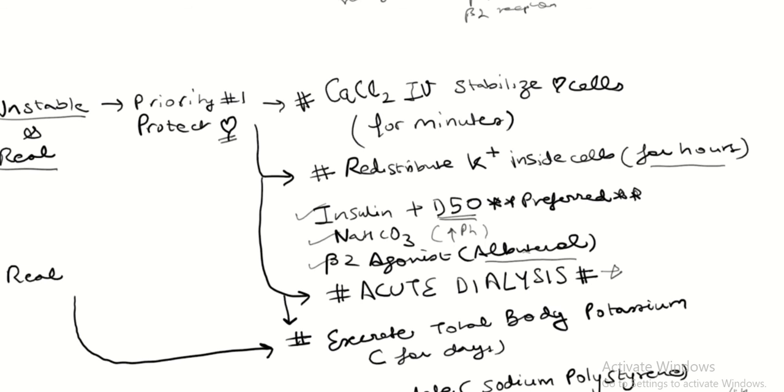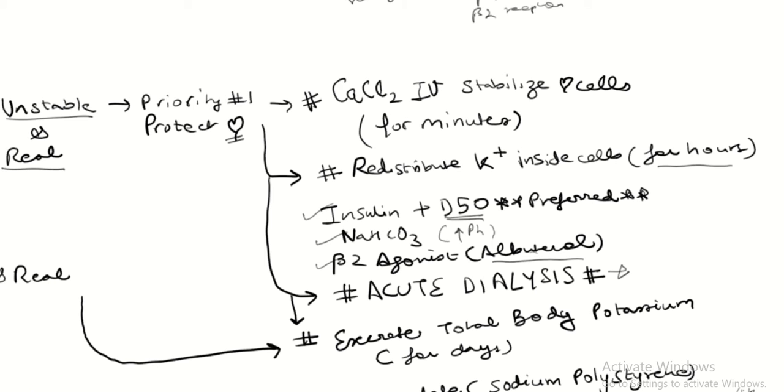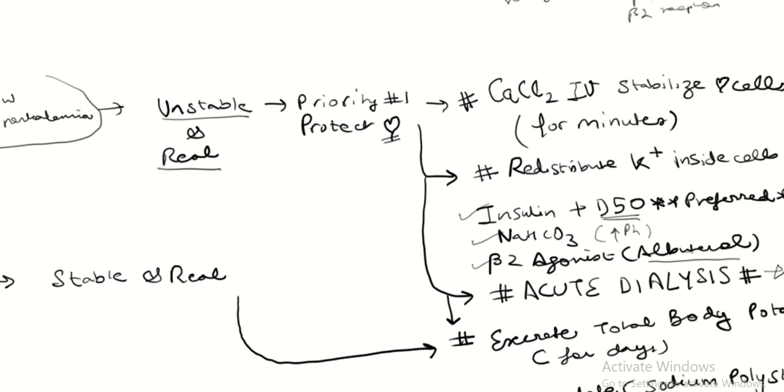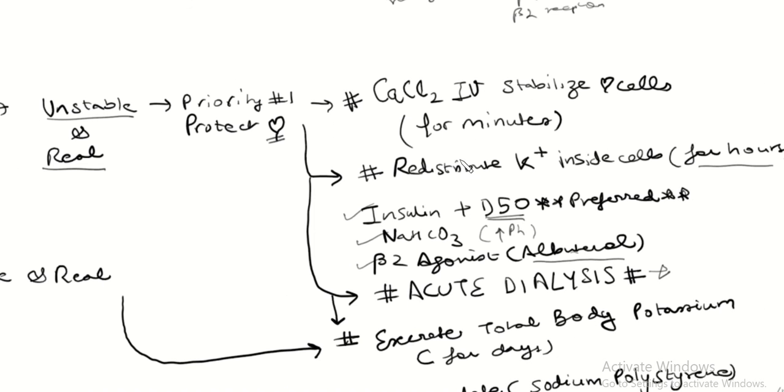Stable and real. My number one priority, protect the heart. I gotta buy minutes with calcium chloride, hours by redistributing potassium inside the cell with three methods: insulin plus D50 and or sodium bicarbonate and or albuterol. If there's indications for dialysis, let's do it.